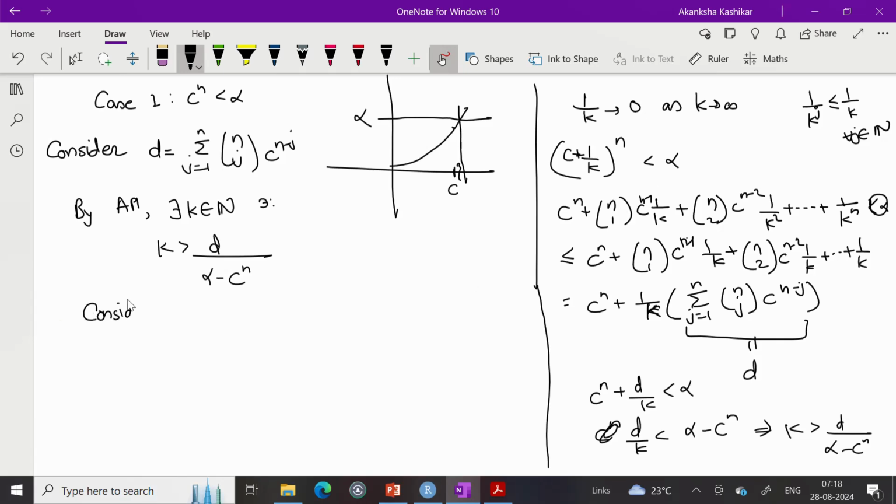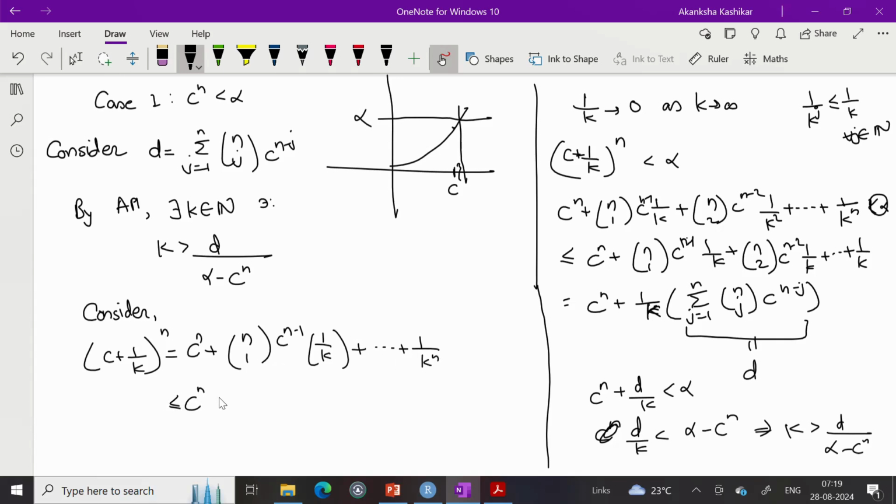Now consider the binomial expansion c plus 1 by k raised to n. So this is c raised to n plus n choose 1 c raised to n minus 1 1 by k plus ... plus 1 by k raised to n, and we will write this is less than or equal to c raised to n plus 1 by k common summation j going from 1 to n choose j c raised to n minus j, and this we know is d, so d by k.